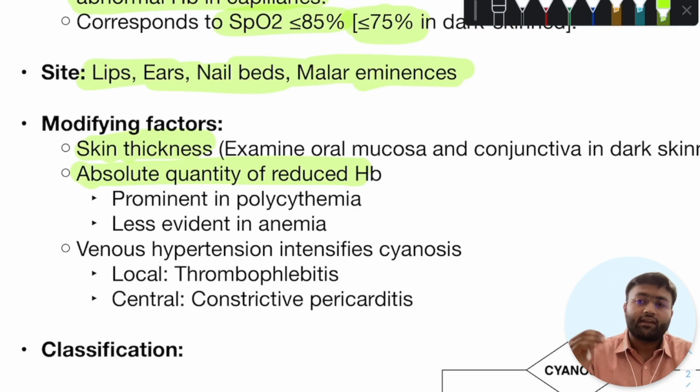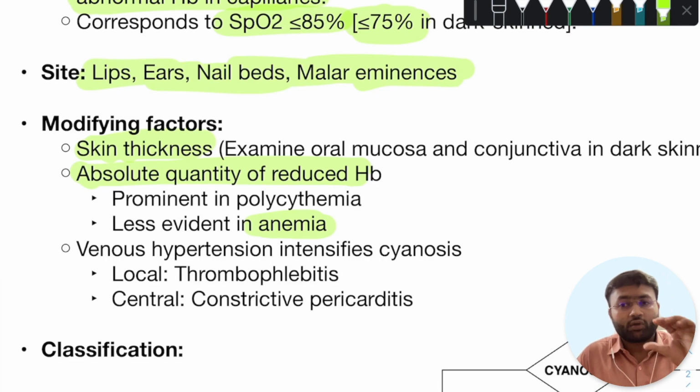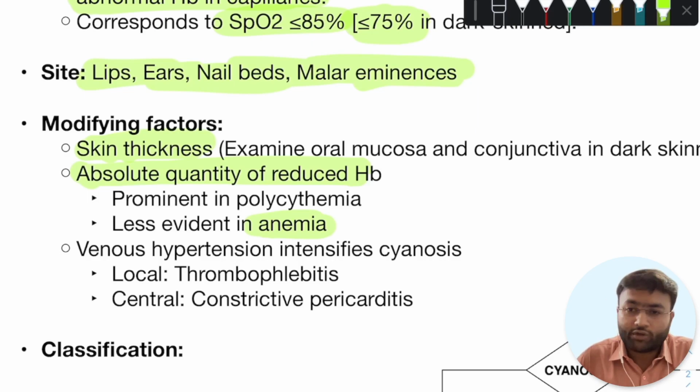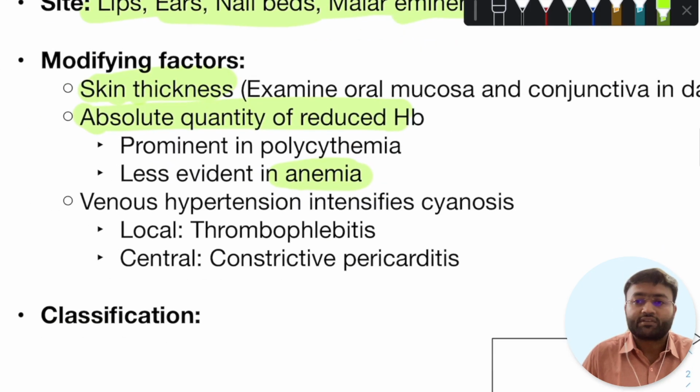So that is why in anemia, even though there is marked increase in the relative reduced hemoglobin, because the total amount of hemoglobin is also reduced, you will see that the cyanosis is not present in anemic individuals. After that, venous hypertension, obviously, because of back pressure, more amount of reduced hemoglobin will pool down in the capillaries, and that will give rise to cyanosis.